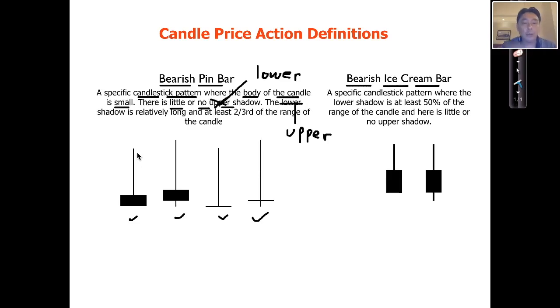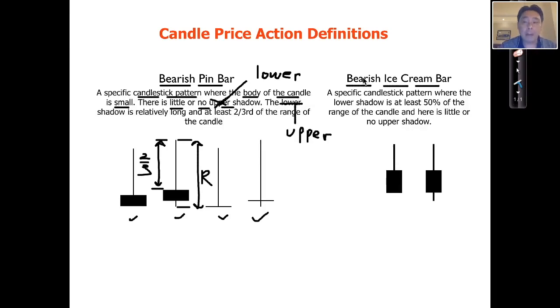So again, how do you define it? If you take the range of the candle, that's the top to the bottom, the entire range of the candle. Once again, ensure that the upper shadow is at least 2/3, or about 75% of the range of the candle. Okay.